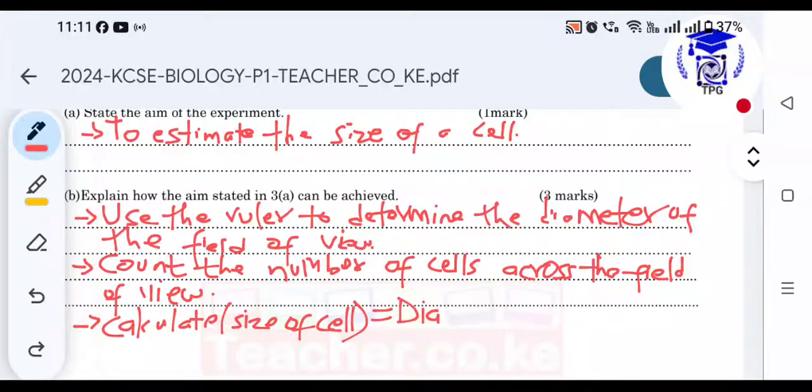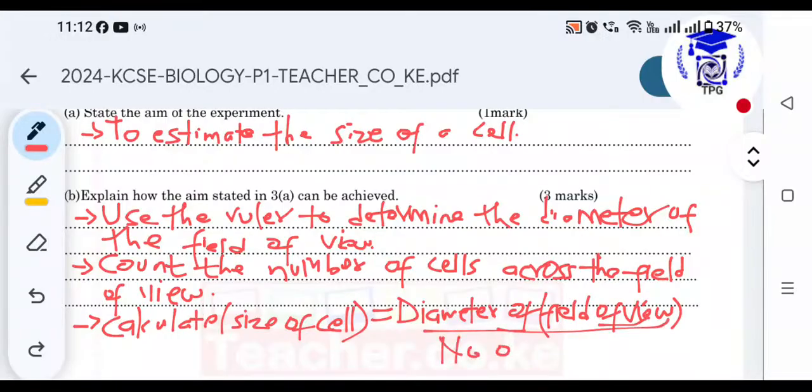The formula is diameter of the field of view over the number of cells. And by doing so, we will have determined the size of a cell.